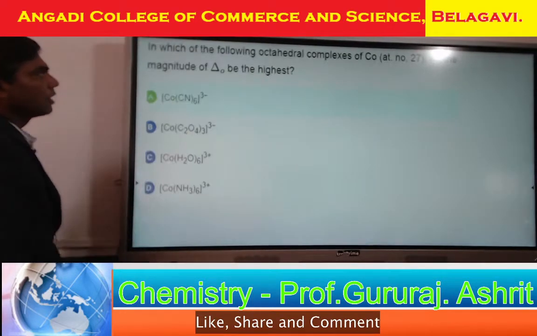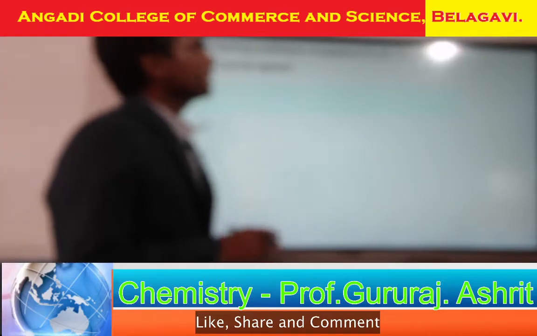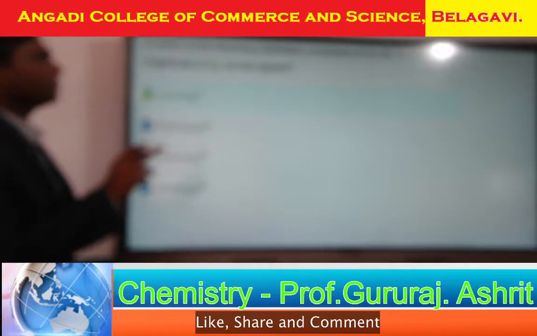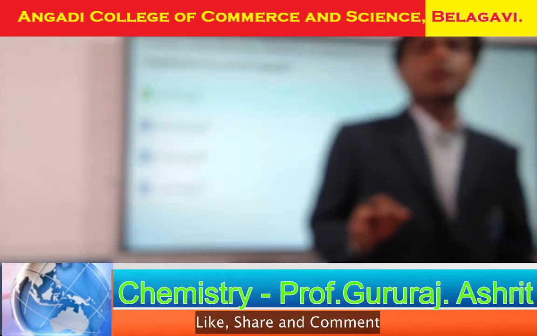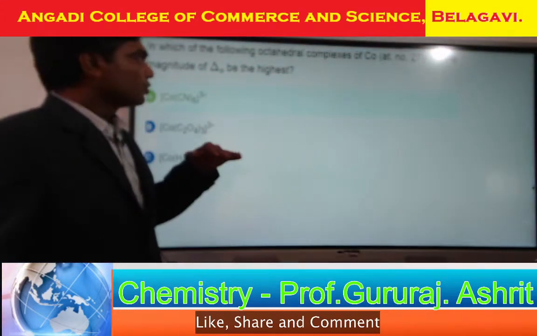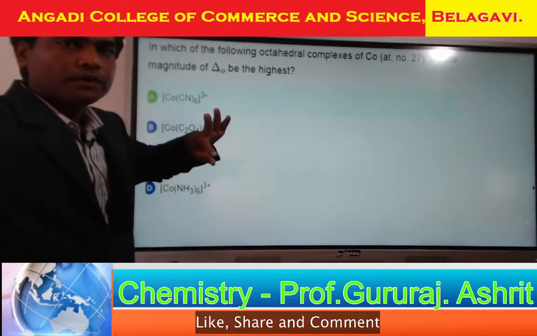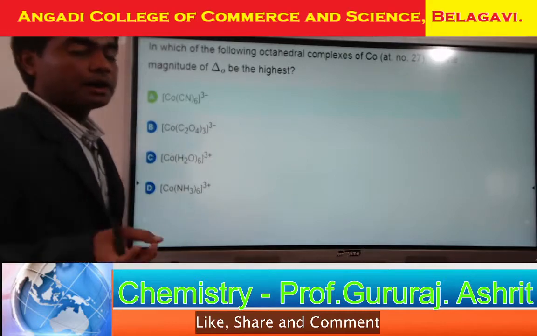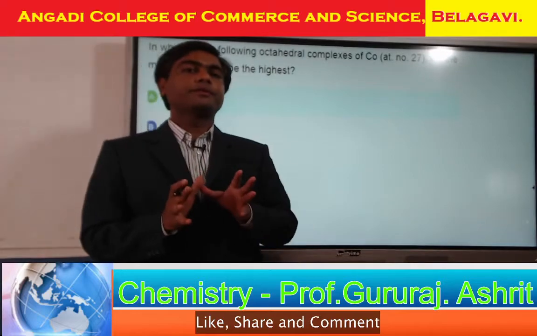Next question. Which of the following octahedral complexes of cobalt, atomic number 27, will have the highest magnitude of delta naught? You know that there are tetrahedral and octahedral complexes. In a tetrahedral complex delta naught will be different, and in an octahedral complex delta naught will be different, and this is purely based on the strong and weak field ligand.